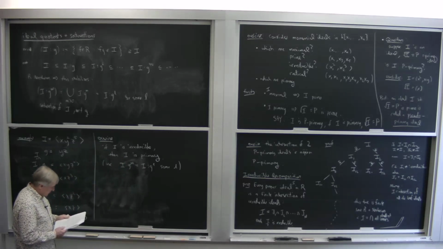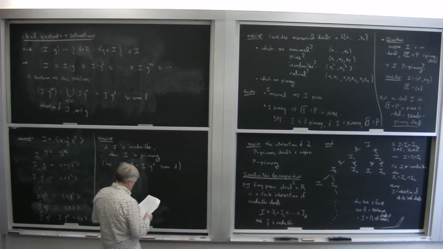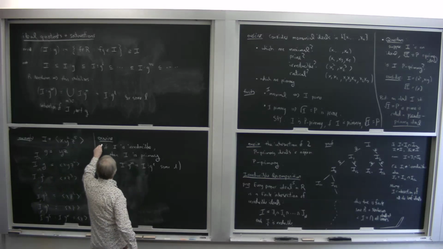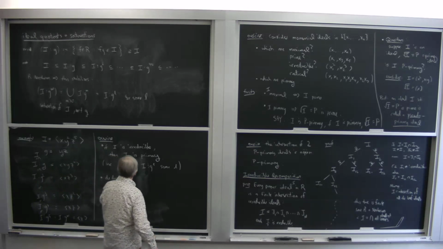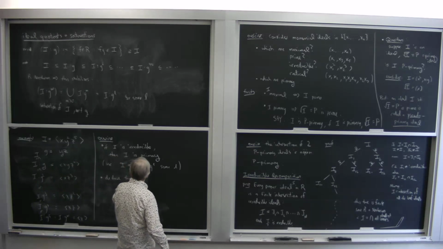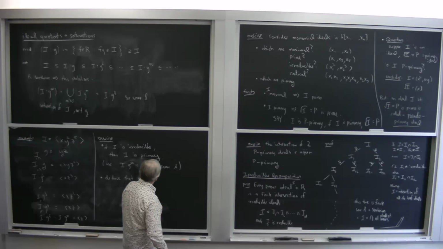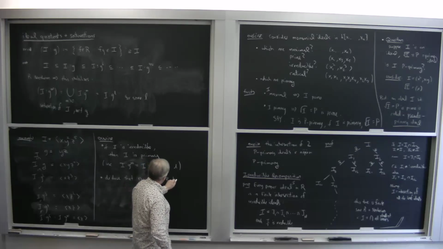So we have that. By the way, then this is 1, and then deduce from this, just like I had before, that every I contained in but not equal to R has an irredundant PD.